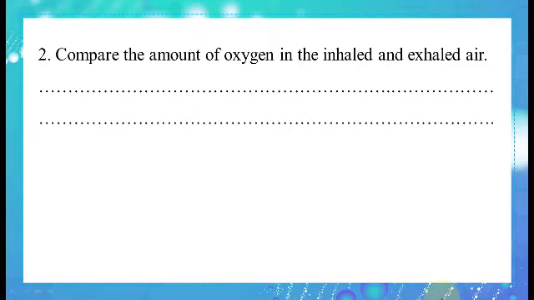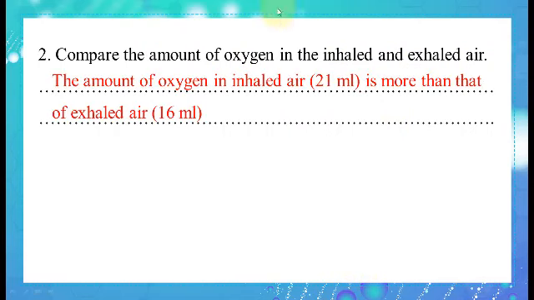Number 2, compare the amount of oxygen in inhaled and exhaled air. Note that to compare numbers, we should use the following terms: more than, less than, or equal to. And don't forget to write the values with their measuring units.